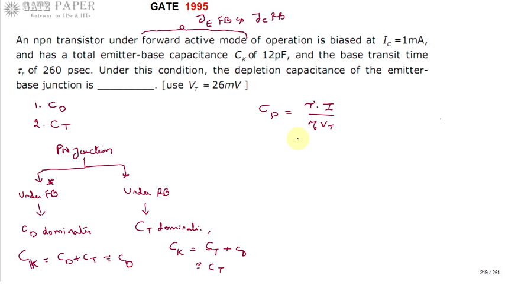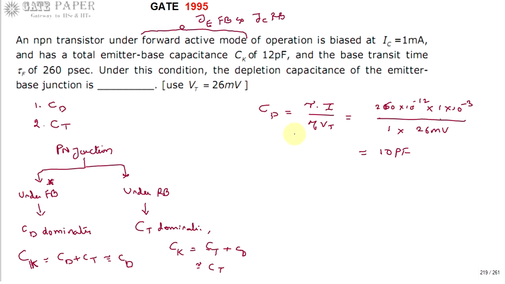Tau is the base transit time, which is given as 260 picoseconds, and I is given as 1 milliampere, divided by eta, which is taken as 1, and Vt is 26 millivolts. From this we can calculate CD equal to 10 picofarad.